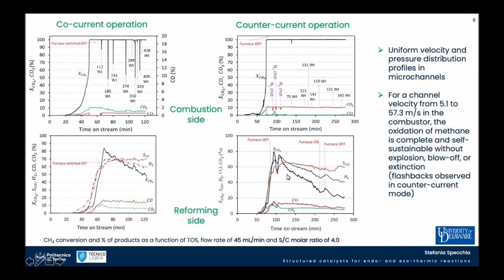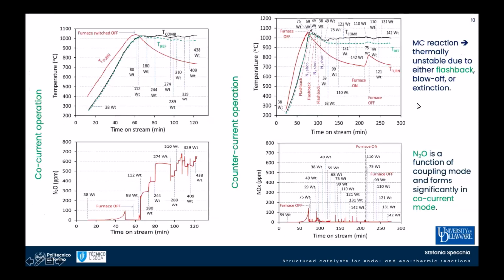We made those tests at different velocities, and in some cases, as I can show you here in the countercurrent operation, by monitoring the temperature, you see we had a series of thermal instabilities due to flashback problems and extinction problems.